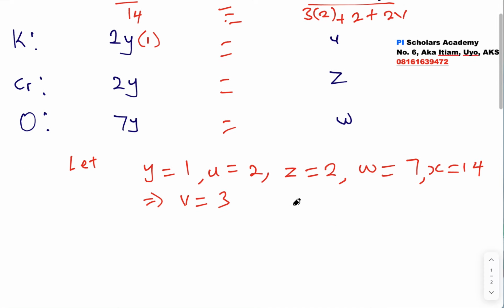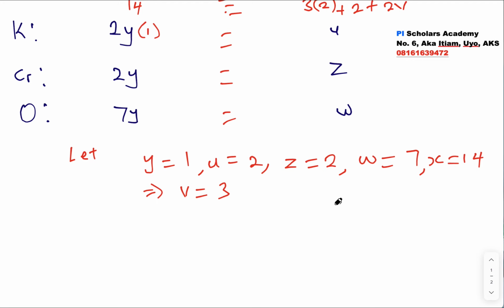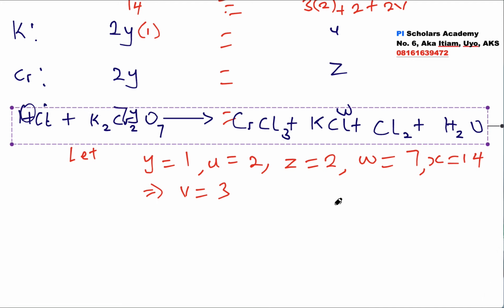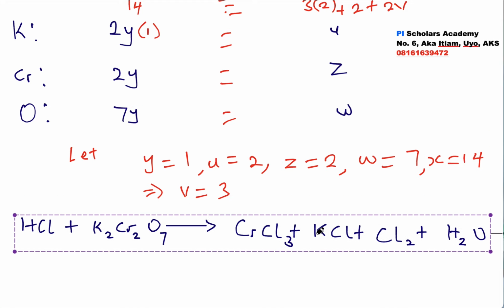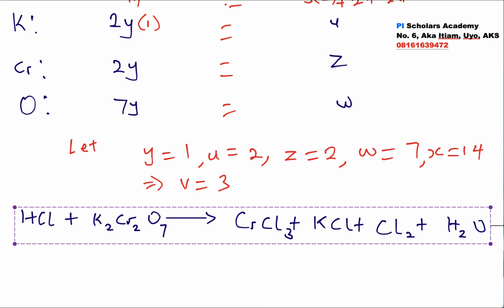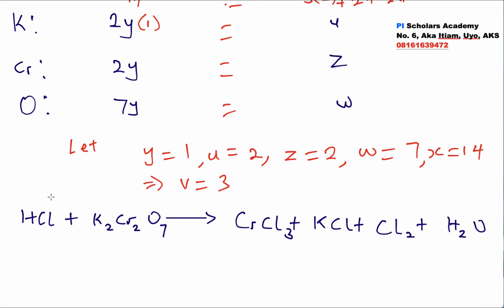The next thing for us to do is bring our equation and put all of these values there. So let us bring the equation down here. For X, we know X is 14. What was here?